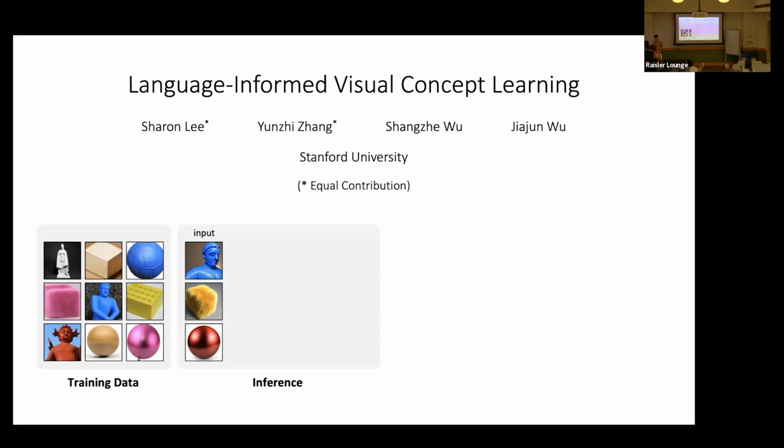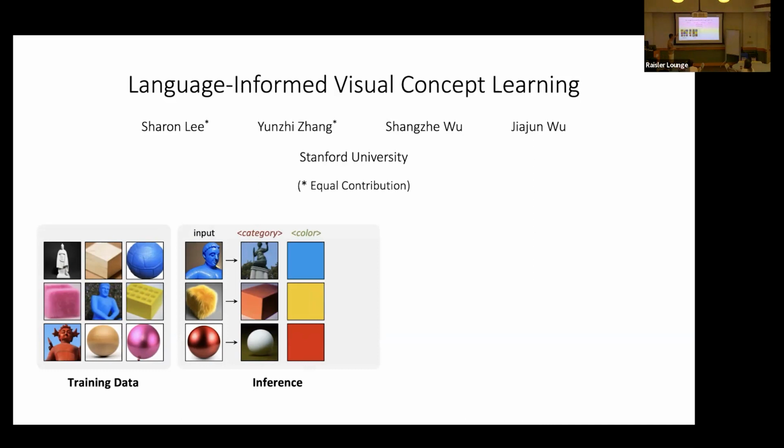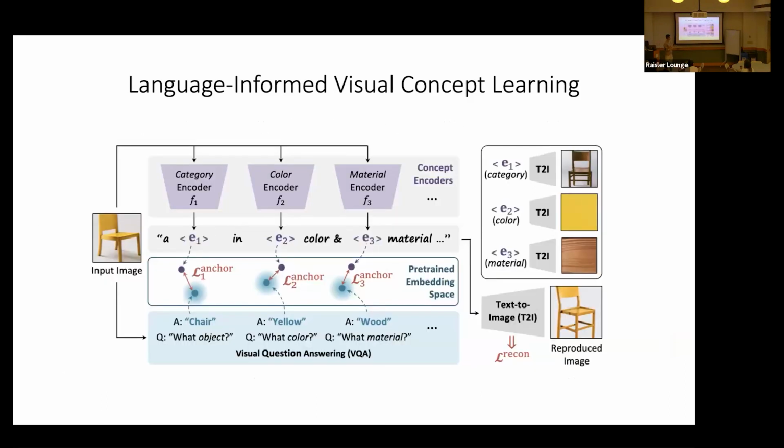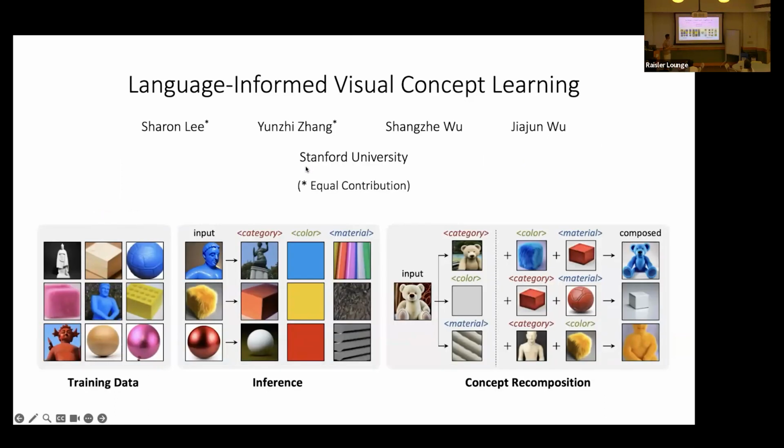What we're really interested in is, by just looking at a bunch of training data, whether we can learn to infer concepts from it. At inference time, given a single image, we want to infer a bunch of concept axes from this image: what the category of this object is, what the color is, what the material is.